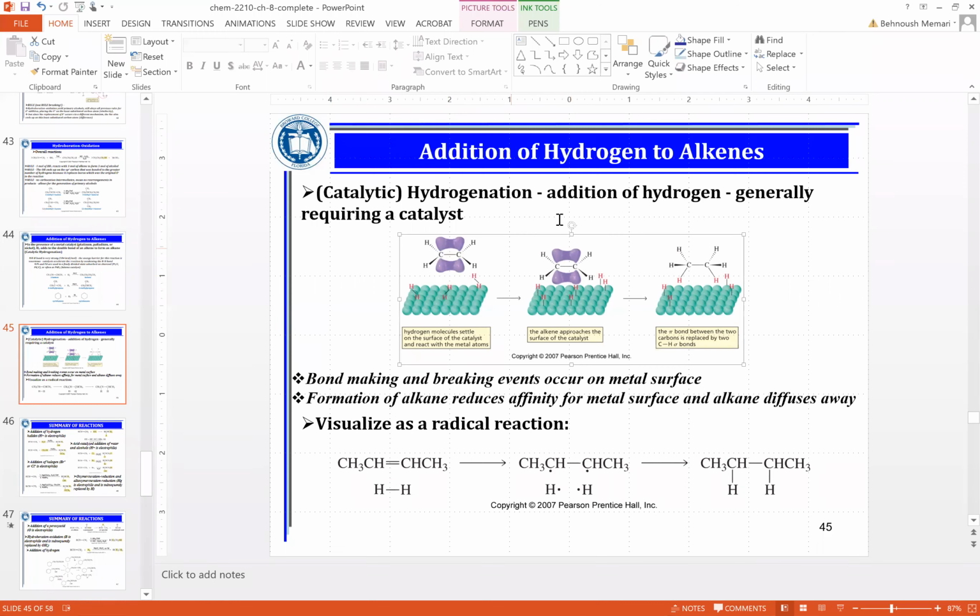It doesn't react in the reaction mixture. It doesn't in the space. It happens at the surface of the catalyst. Since all hydrogens are on the same surface, the alkene comes in and gains the hydrogen from the surface, so it is going to be added from the same side. So this addition is known as the syn addition, addition from the same side, not anti-addition.